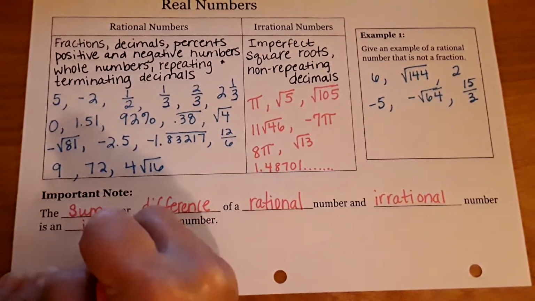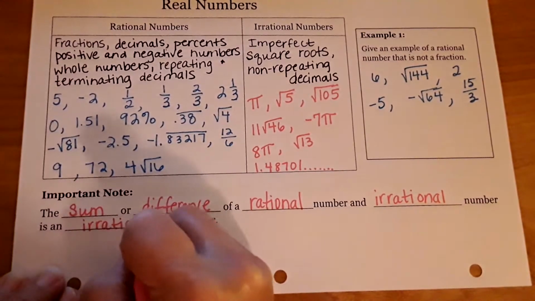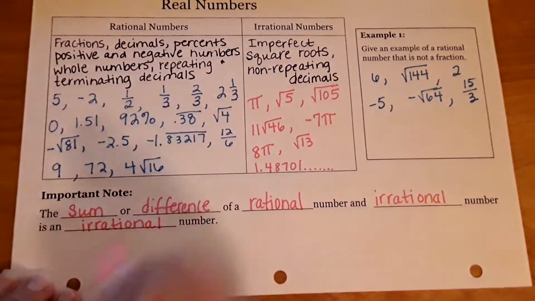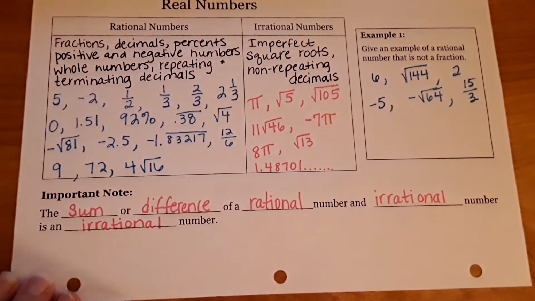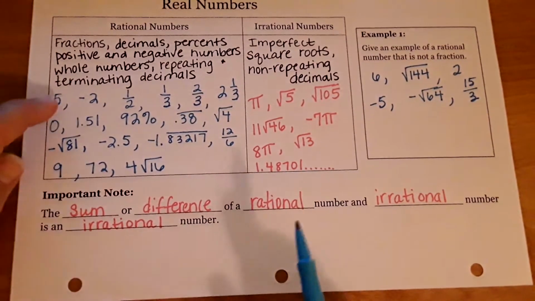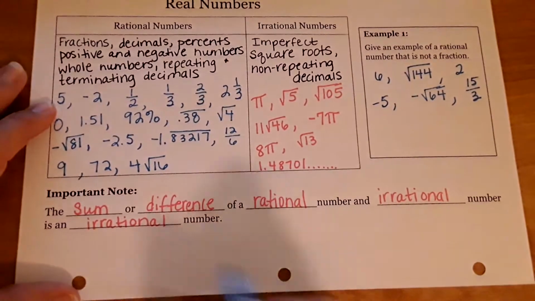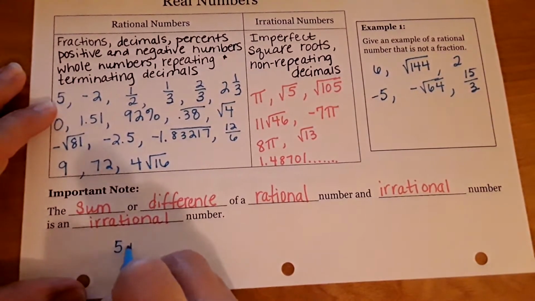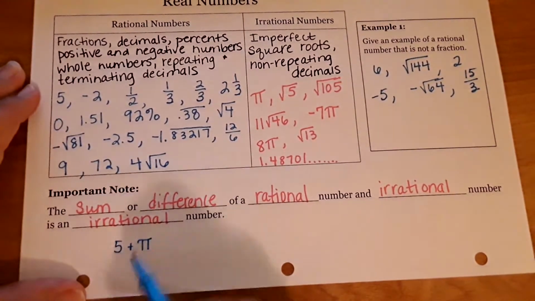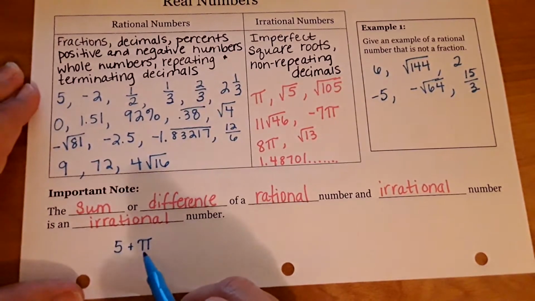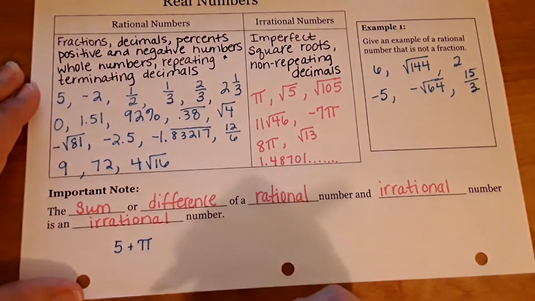So it doesn't matter. If you add a rational number and an irrational number, you're going to get an irrational number. So let's pick something from here and here. So let's pick 5 plus pi. So you have a rational number and an irrational number. It equals an irrational number.